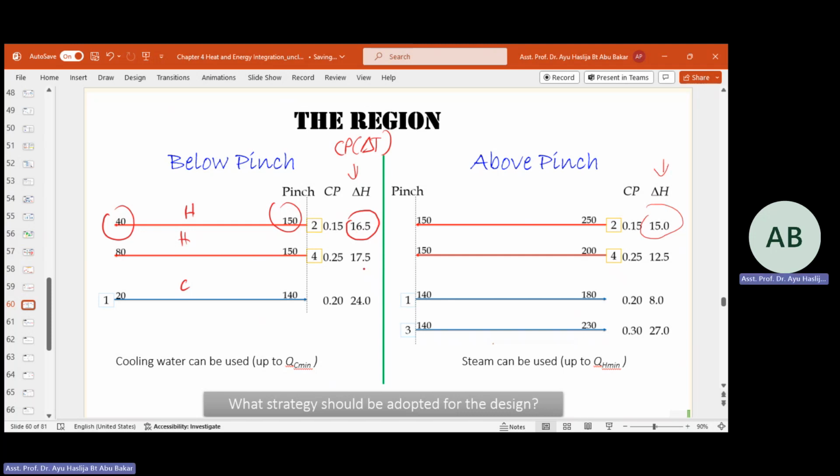Okay, same goes for the rest of the streams. Because we divide it at the pinch, delta T will be different now. Above pinch, same thing: Cp multiplied by delta T. Delta T here is 250 minus 150.